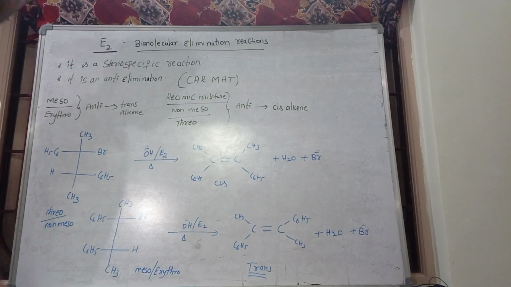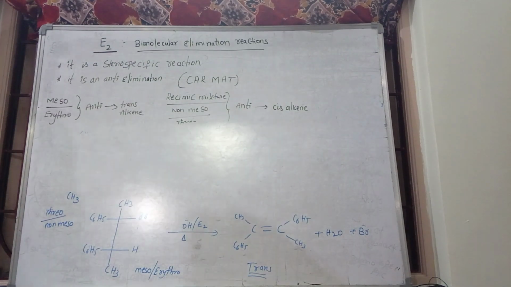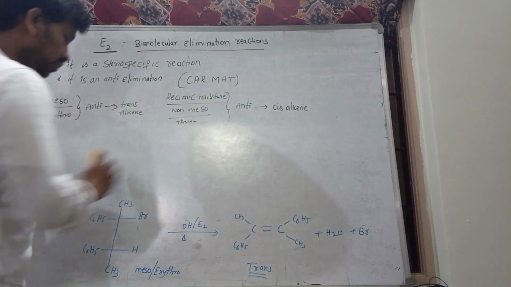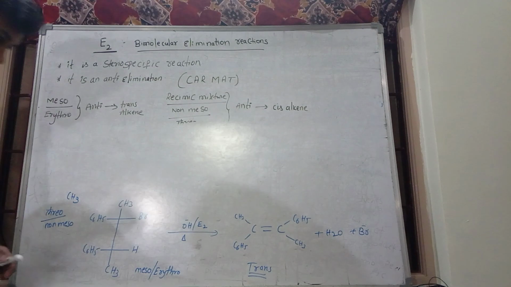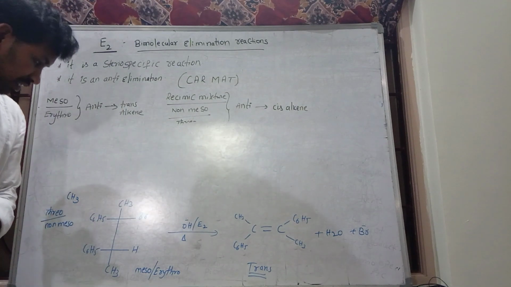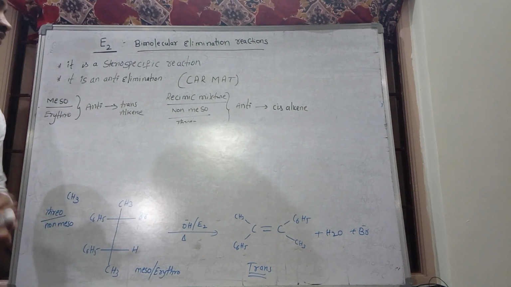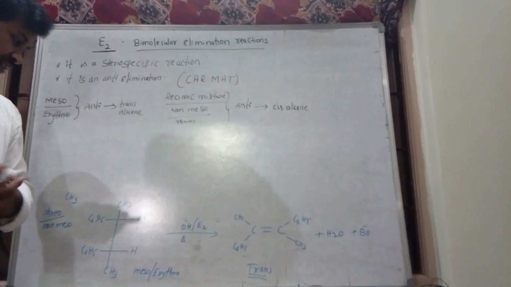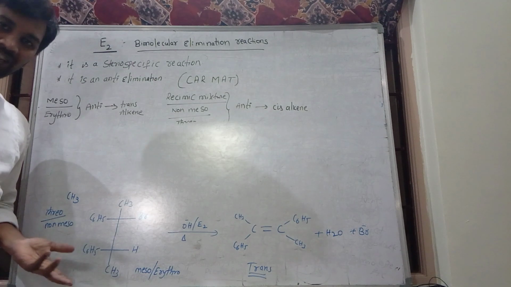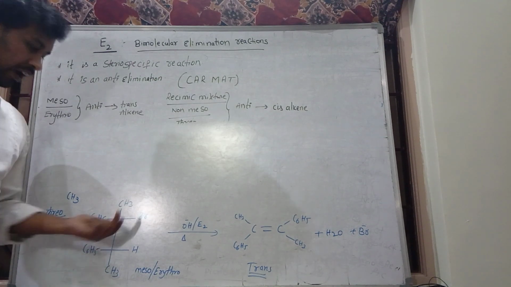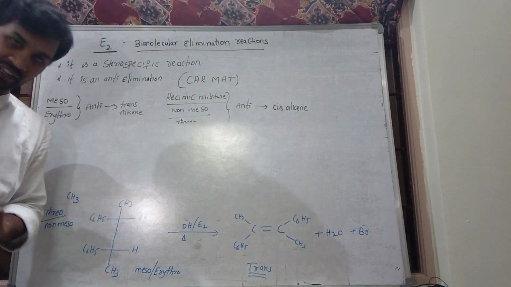I hope you understand stereochemistry. I forgot to tell you one thing. You may have the doubt, sir, here Br and hydrogen are on the same side, then how is it an anti-elimination? If both are on the same side, it is a syn elimination. Actually, it is anti.